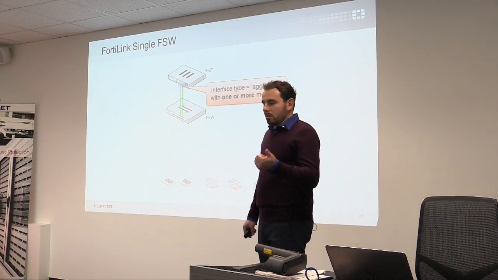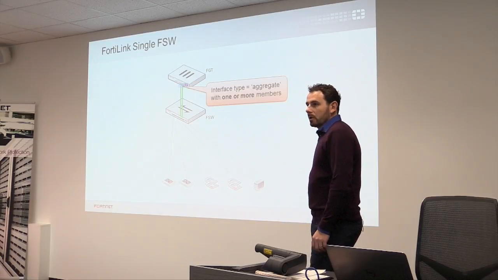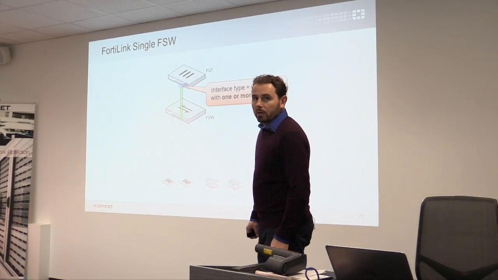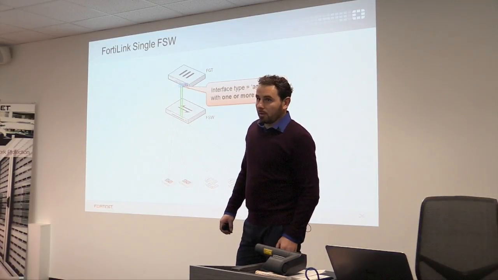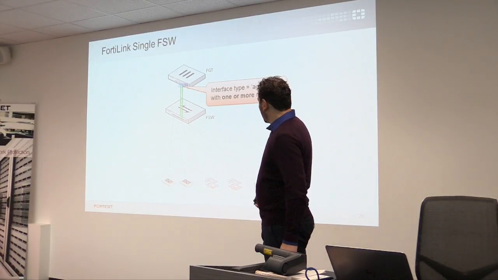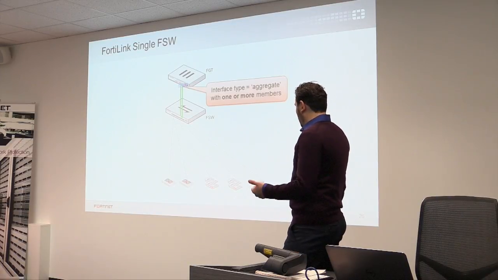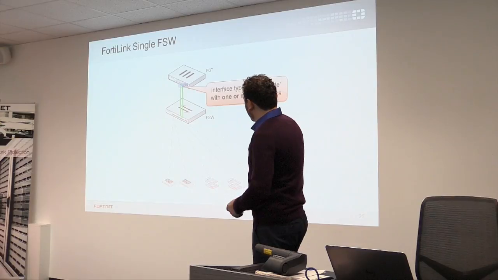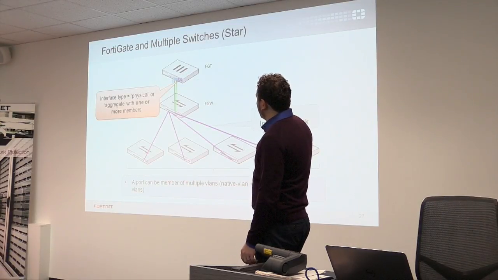You can use interface type aggregate if you want to have more than one link to guarantee more bandwidth or redundancy, right? And then you have your access here, so telephone or different devices, right? That's a simple one.